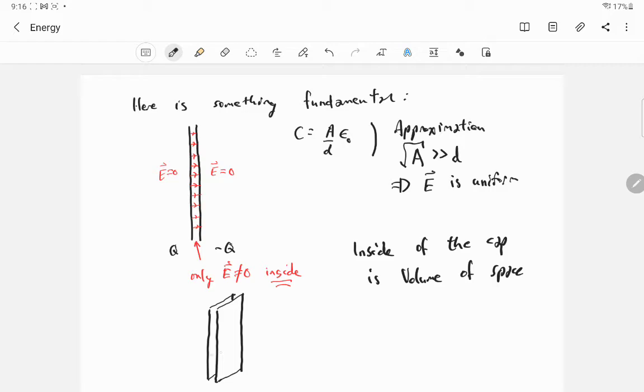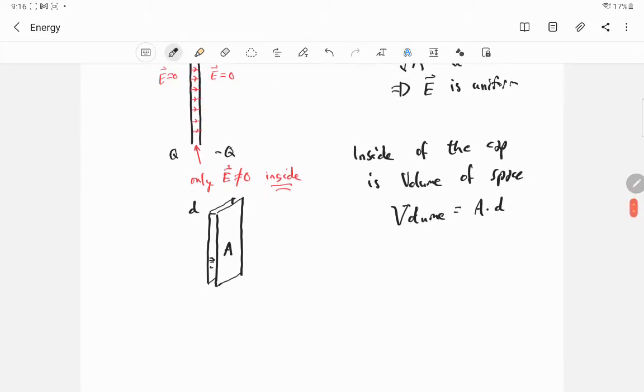So in this volume in between, you have area A and distance of separation D. So the volume of space, I'll just say it, volume equals A times D. So the volume of the space in between the plates is A times D. And here is the fundamental statement.